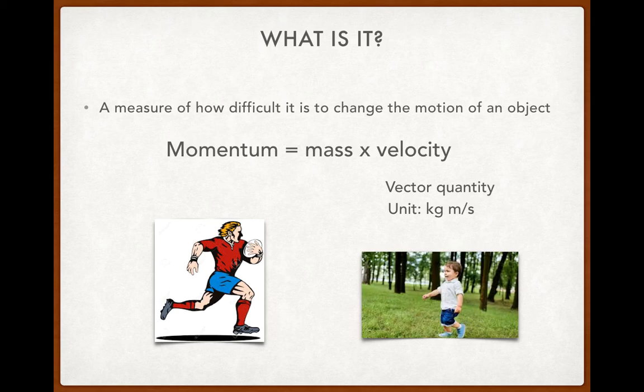Now, we're not really interested in the momentum of a single object. We're more interested in what happens when the objects collide. So when the rugby player hits the child, for example, what actually happens? Well, when they hit, some of the momentum of each of them will be lost. So if the child hit the rugby player, you'd expect the rugby player to slow down a little bit. Very little, but he would still slow down.